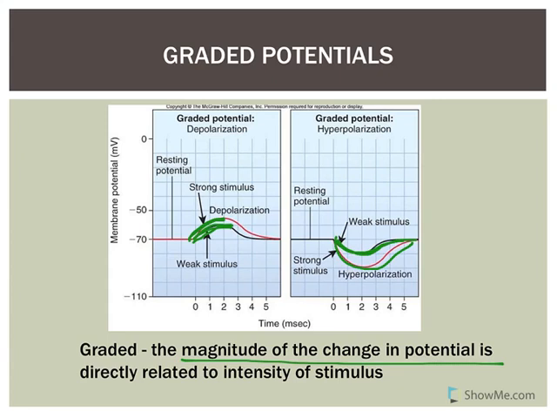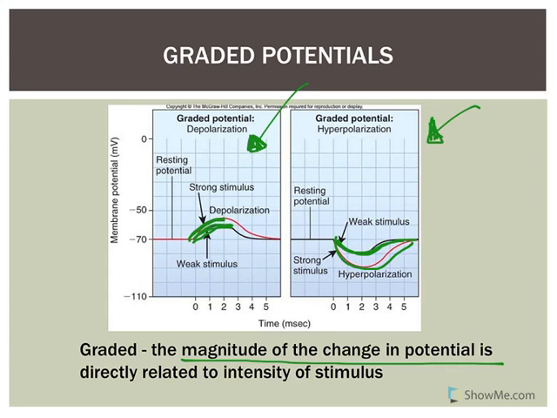Over here on the left, you had some sort of stimulus that caused depolarization, which is a reduction in membrane potential. Over here is hyperpolarization, which is an increase in membrane potential.